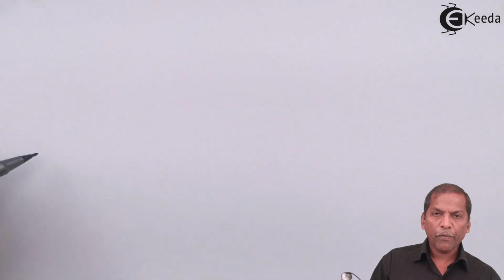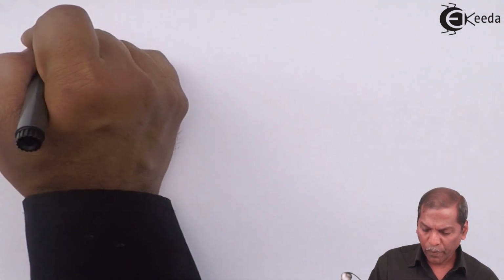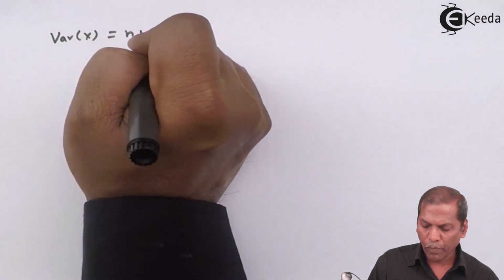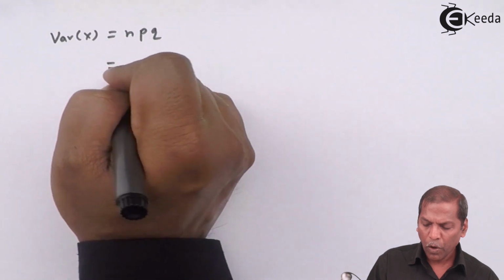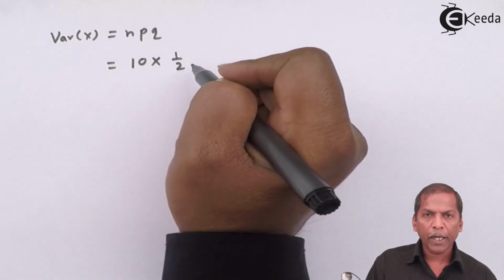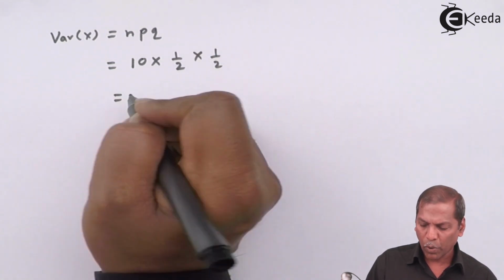And finally we can easily find the variance of x, that is equal to NPQ. For n we substitute 10, for probability p 1 by 2, and for q also 1 by 2.